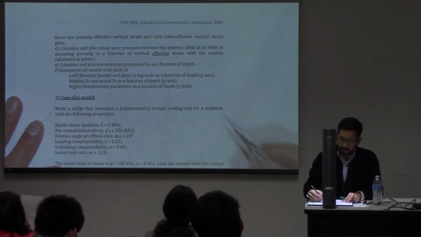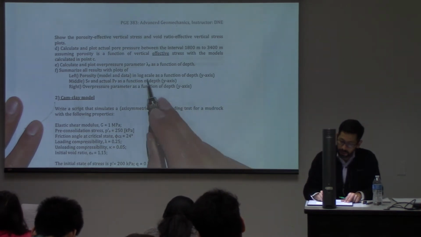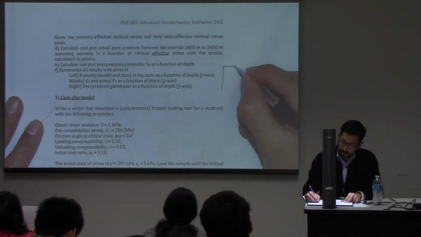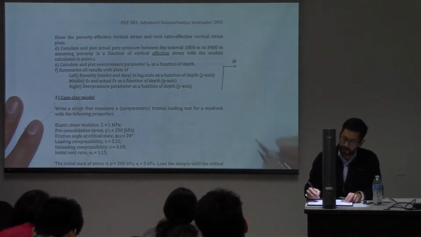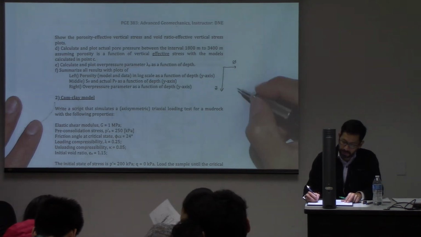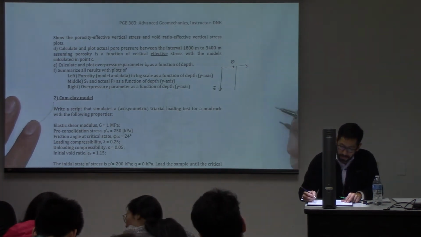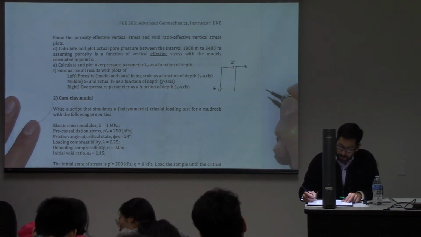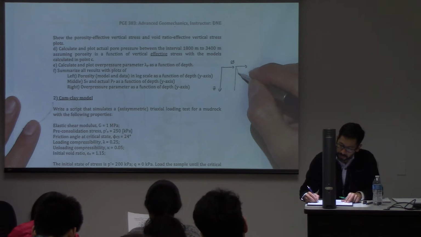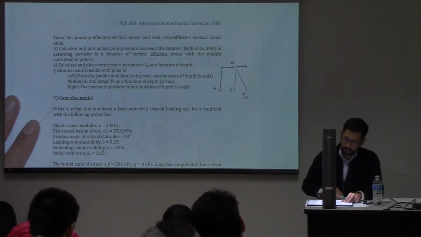So at the end, all I want you to do here is to have a plot of porosity, something that you already have, but this is a digitized version. Porosity as a function of depth. Here, vertical stress as a function of depth too.